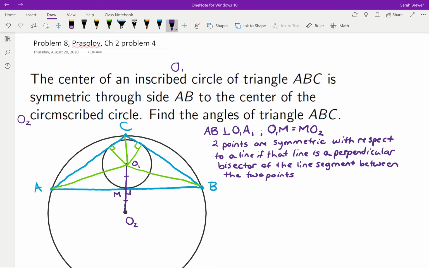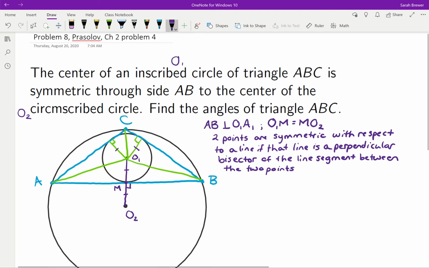So I know, for instance, that all four of those segments are equal. So they're all equal to the radius of that inscribed circle.